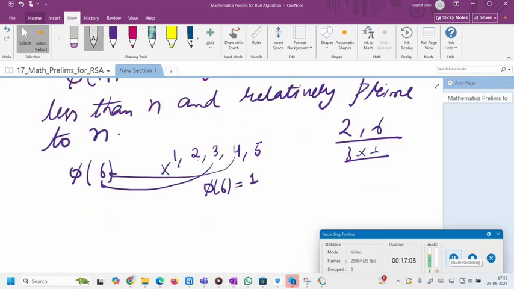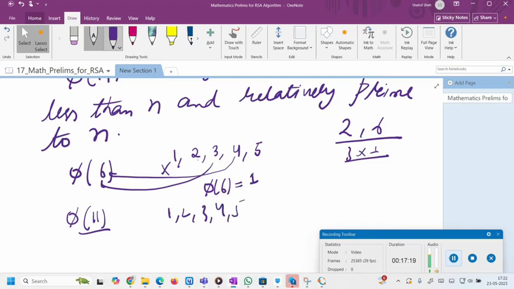Let's do one more example. Suppose we now take a prime number, let's say phi of 11. So all the integers less than 11: 1, 2, 3, 4, 5, 6, 7, 8, 9, 10.